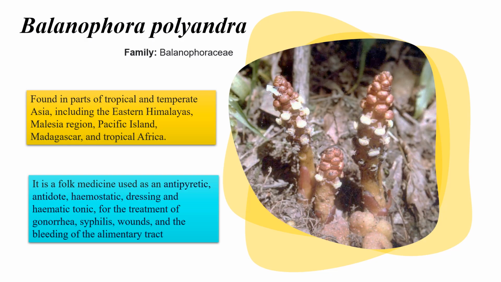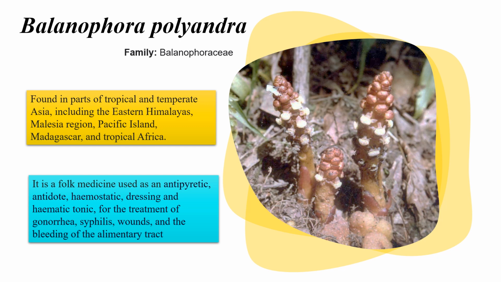Next is Balanophora polyandra. It is a small herb found inside forests and it is found in parts of tropical and temperate Asia, including the eastern Himalayas, Malaysian region, Pacific Islands, Madagascar, and tropical Africa.